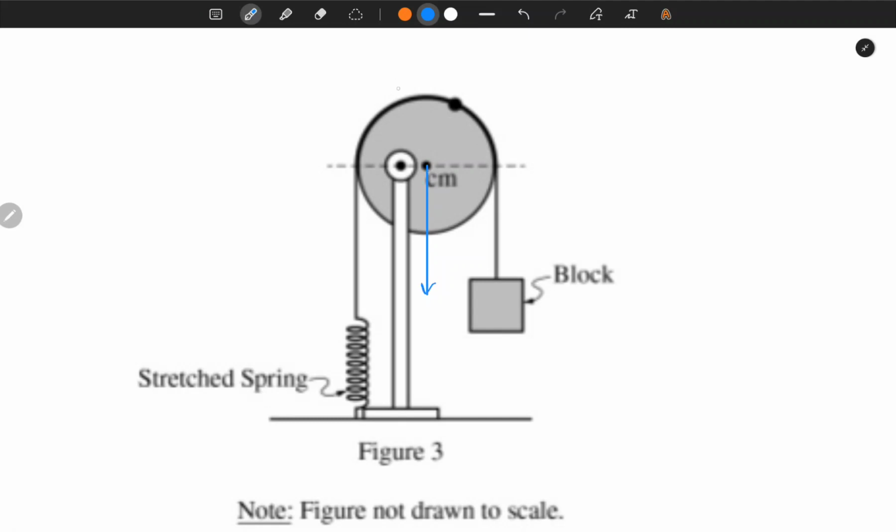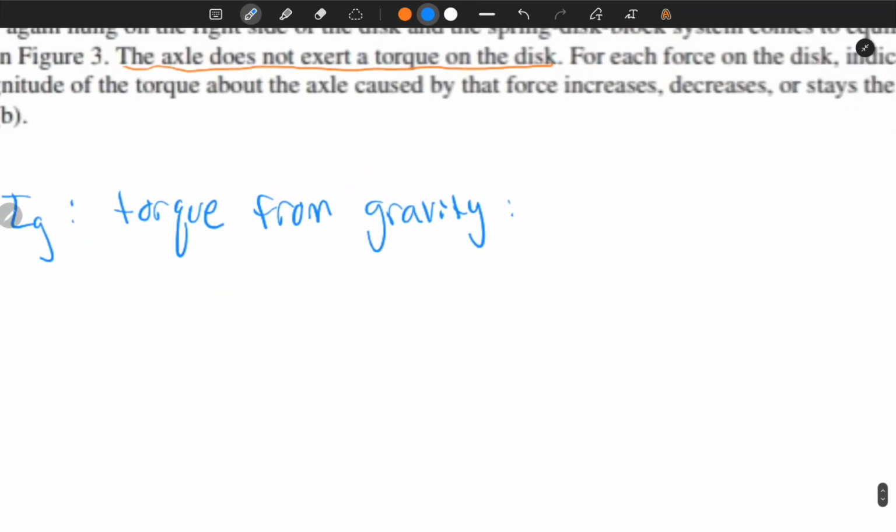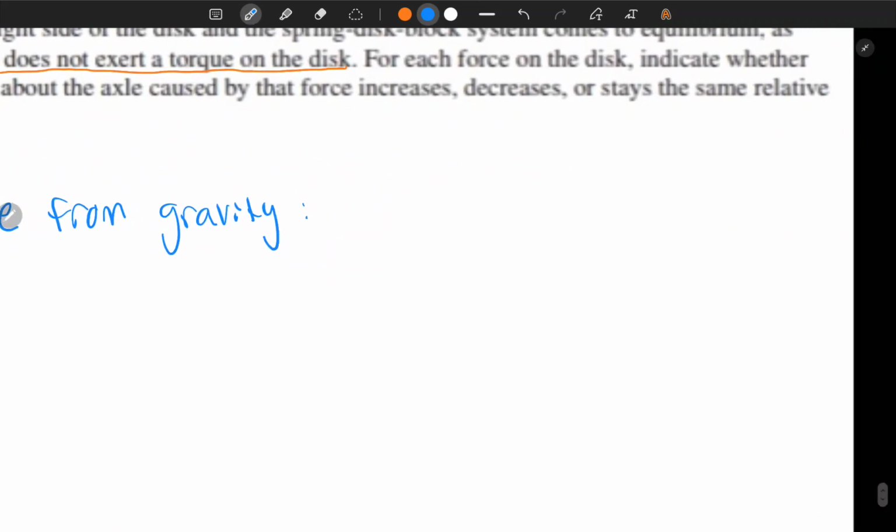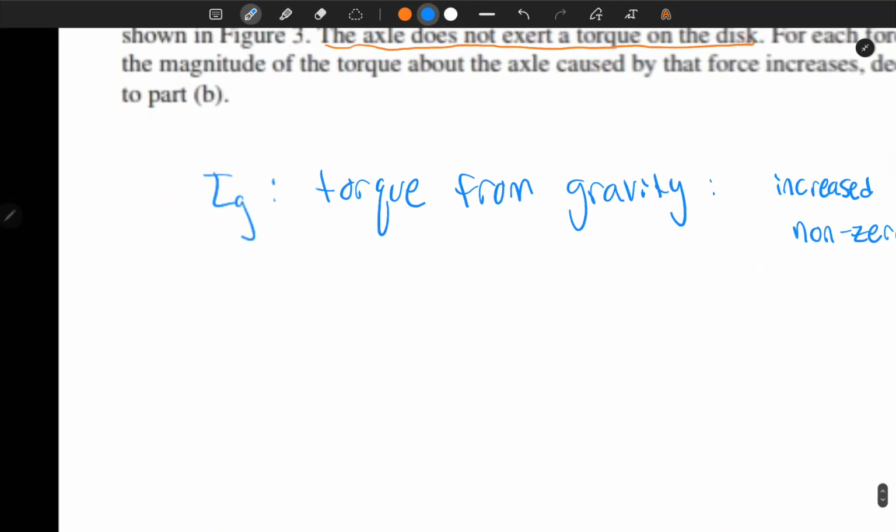However, this torque now has a non-zero lever arm given by this orange line. So the torque has increased from 0. So we say that this torque has increased because the lever arm is non-zero. So that's the first torque acting on the system.